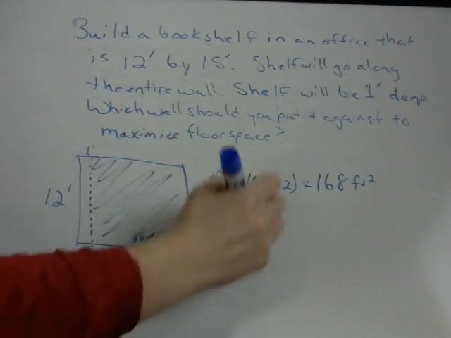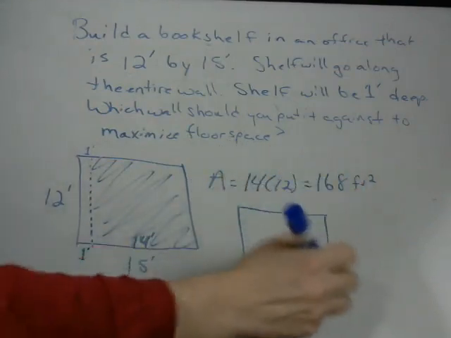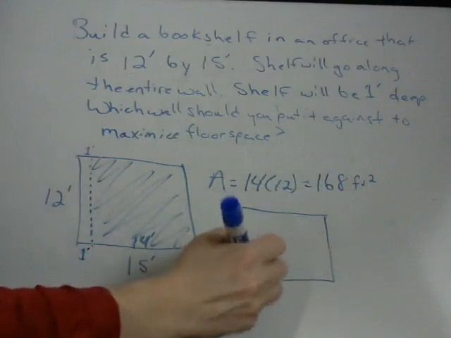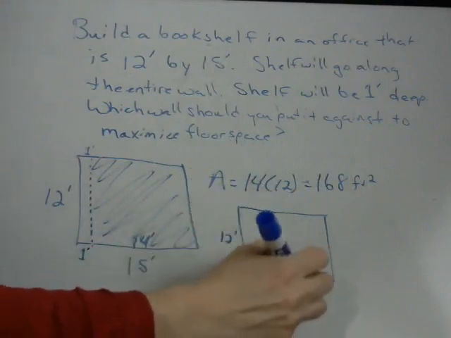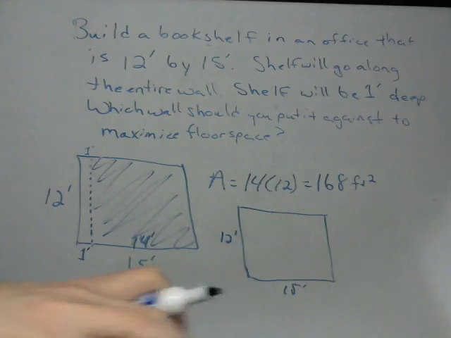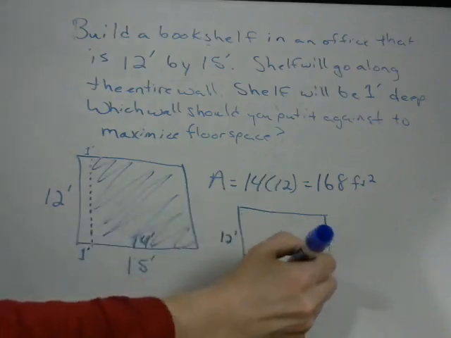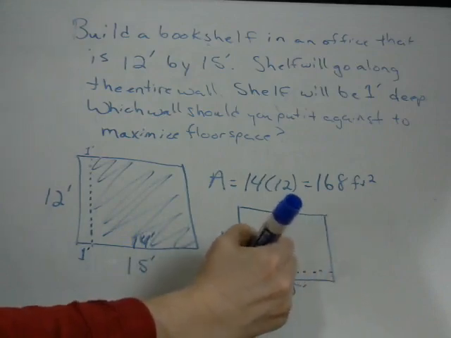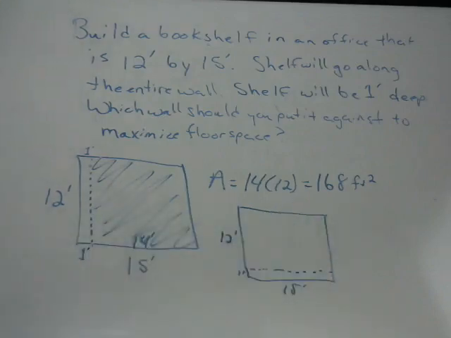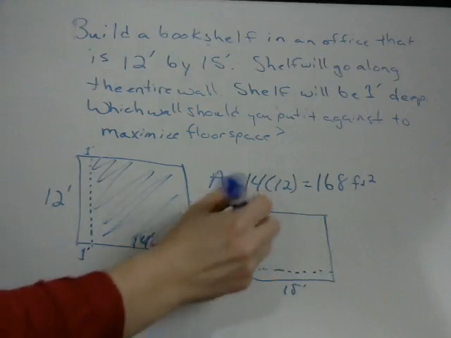If we put it against a longer wall, so I'll redraw this. So this was 12 feet, this was 15 feet. If we put it against a longer wall, let's say we put it against here. Again, this is 1 foot. So now we're looking at this area.